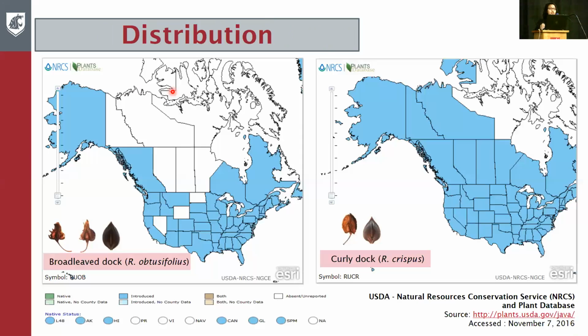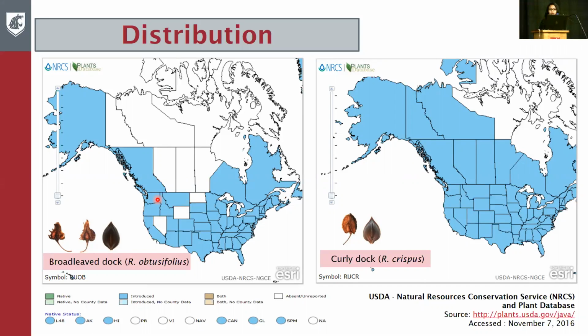For the distribution of these two types of dock, curly dock is reported throughout the United States, including almost all western states. On the right side is curly dock. Meanwhile, broadleaf dock is found mostly in western states, but excludes Wyoming, Nevada, and North Dakota.